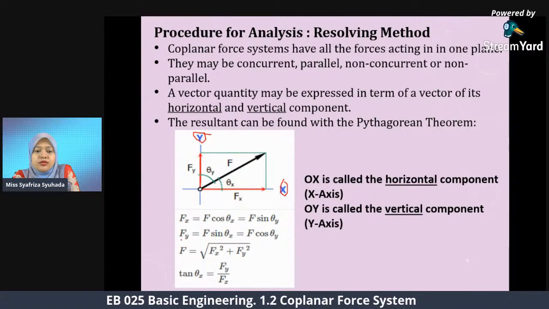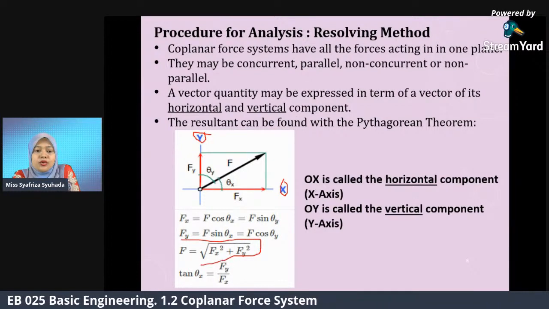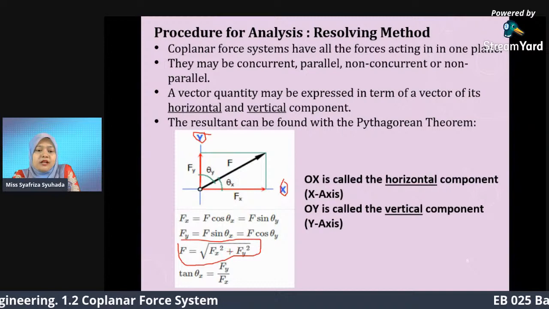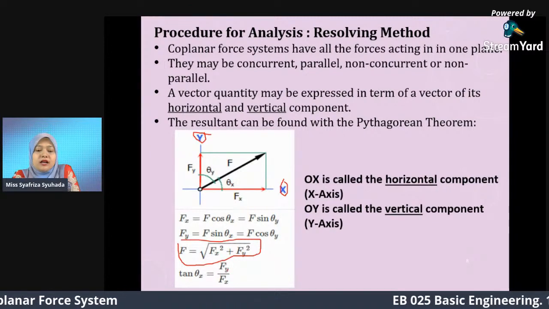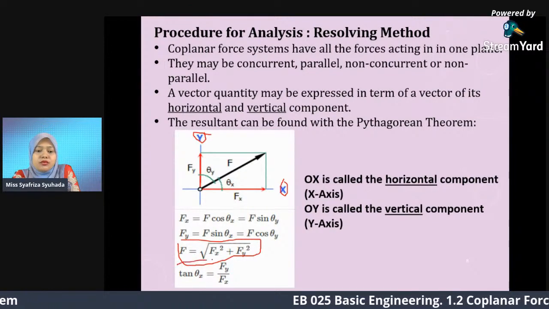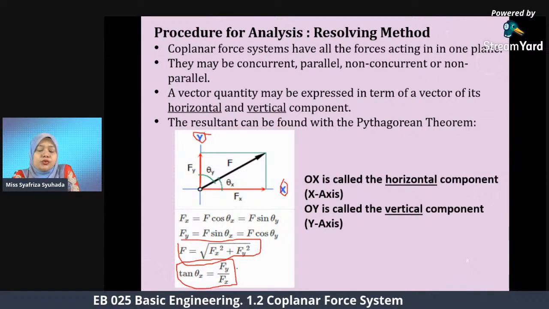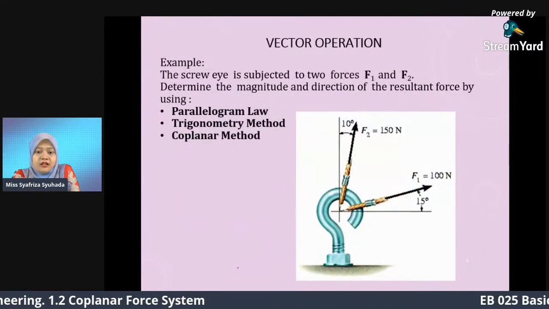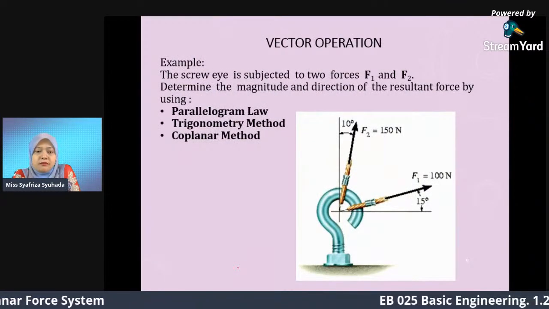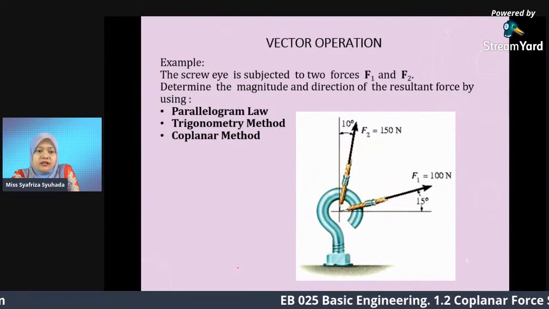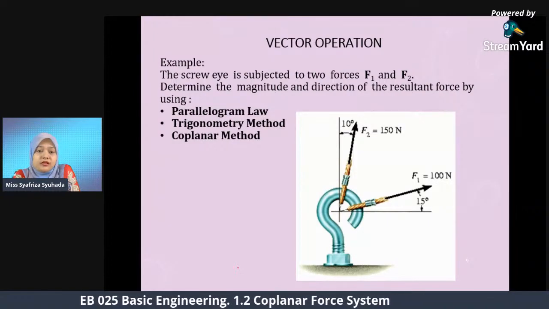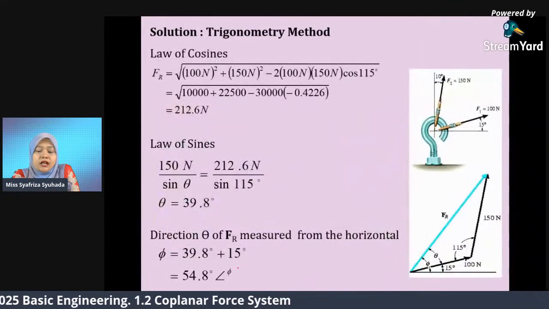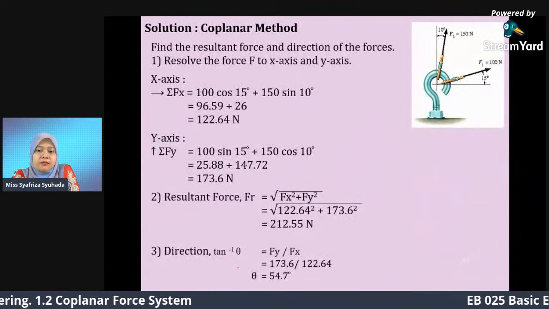We use this formula: square root of Fx squared plus Fy squared. And how to get the direction? We use this formula: tan theta is equal to Fy over Fx. Okay, this is an example of how to solve using the three methods: parallelogram, trigonometry, and coplanar. You can see it in all the notes given by your lecturer.